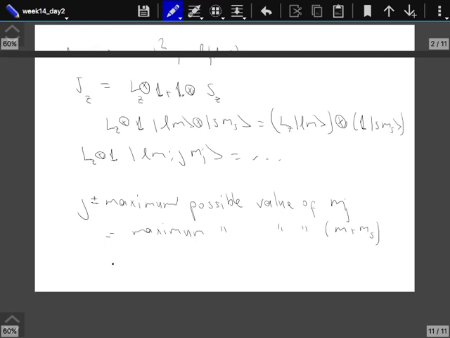But the maximum value of m is what we call L, and well, let's say the maximum value of j is L plus s. So j can take this L plus s value. That's the maximum possible value of j. Maybe it might take some smaller values. Now, this is an example.